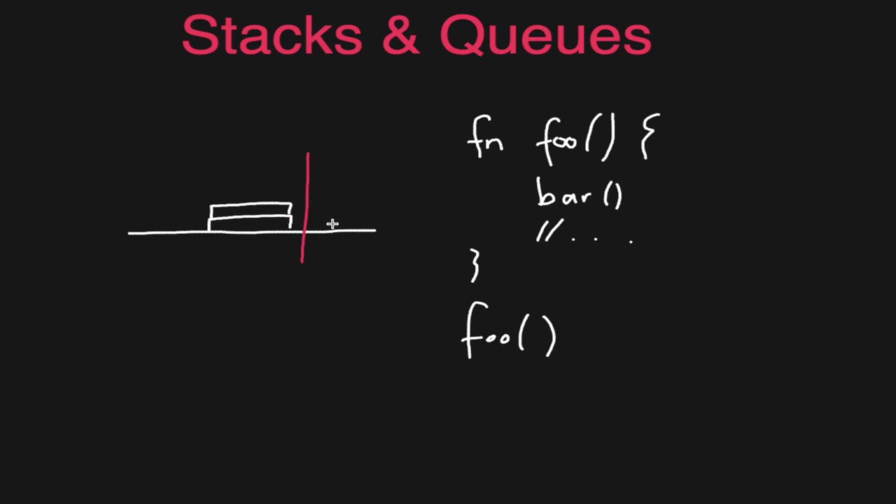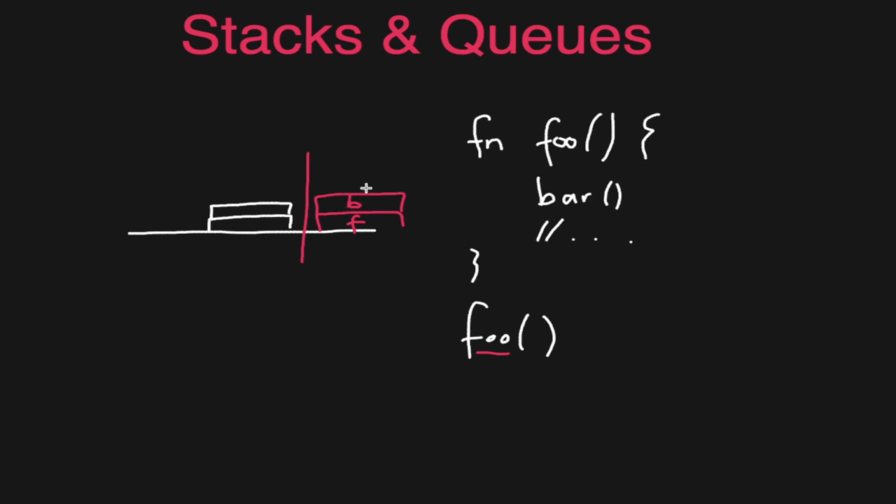So on the right here on the table, we have the call stack, and you may see this in the browser. Essentially what we first do is we call the function foo here. So we add foo to the stack. I'm just going to put an F here. And then if we look inside the foo function, we notice that it calls bar. So then we go ahead and put bar on top of the stack.